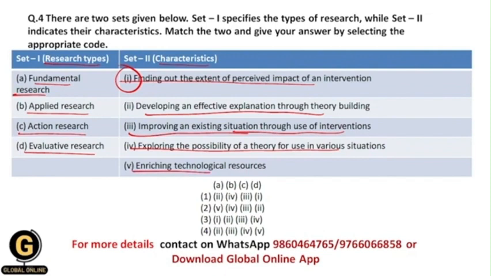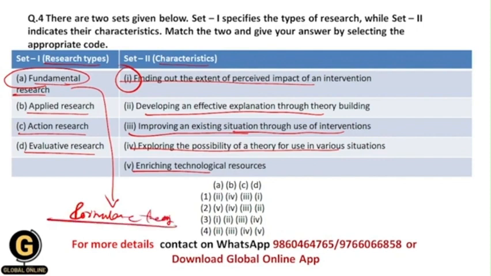So basically students, fundamental research is the basic research or pure research. So within the fundamental research we formulate a theory. So this is the main objective of fundamental research, to formulate a theory. And whenever we formulate the theory, in that case we tell the effective explanation behind it, that what we are formulating and why we are formulating a theory.